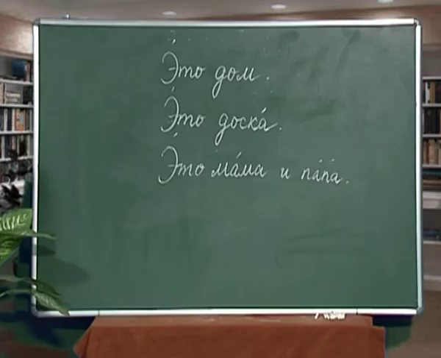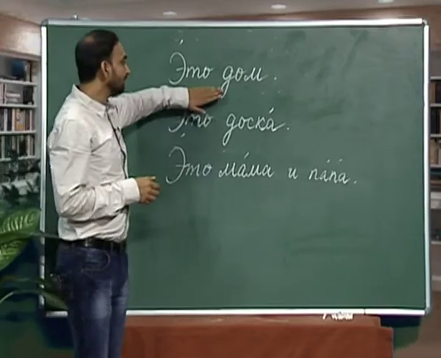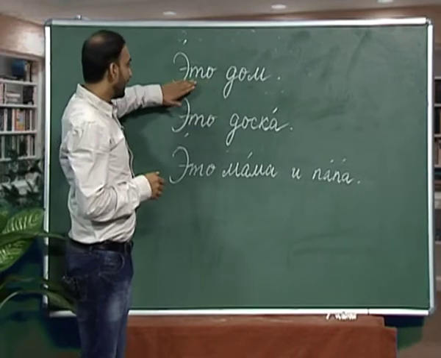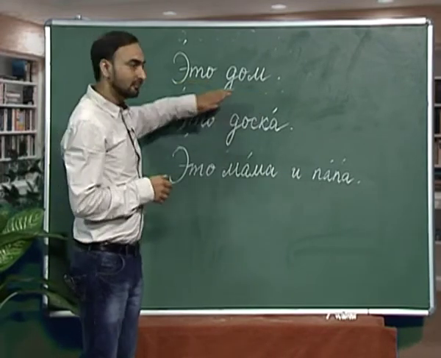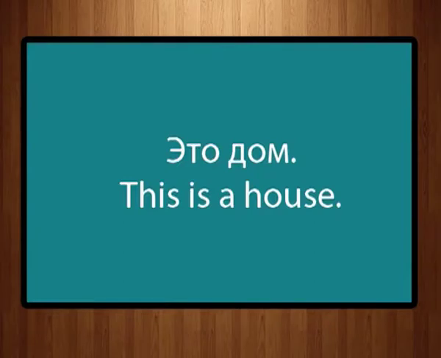The next topic in this lesson is simple sentences. How do we write simple sentences in Russian? I will write some sentences on the blackboard and then we will discuss the distinguishing features of simple sentences in Russian. The first sentence is Это дом.